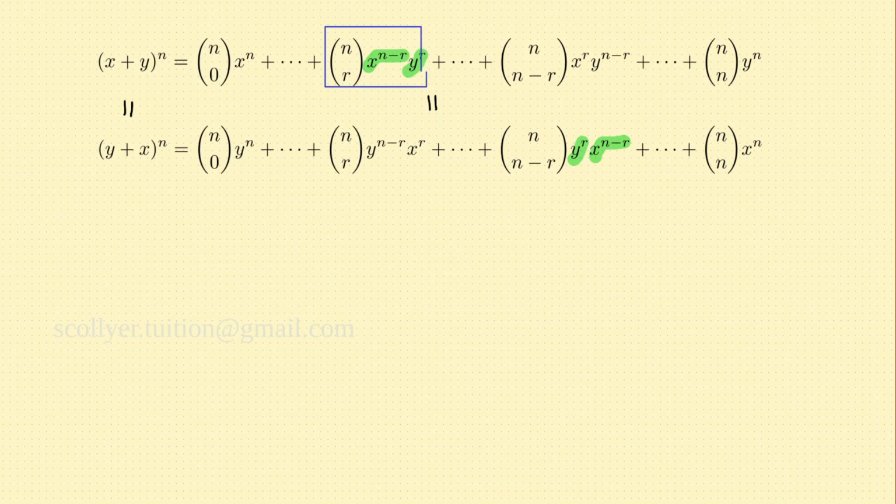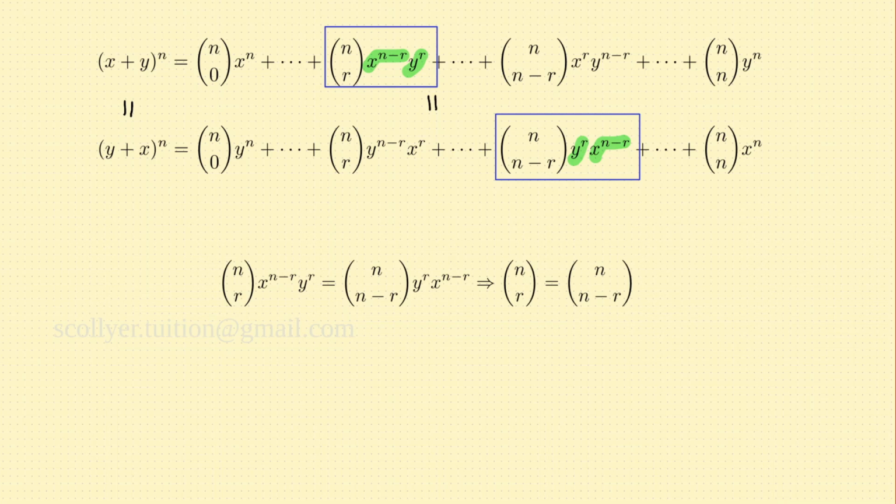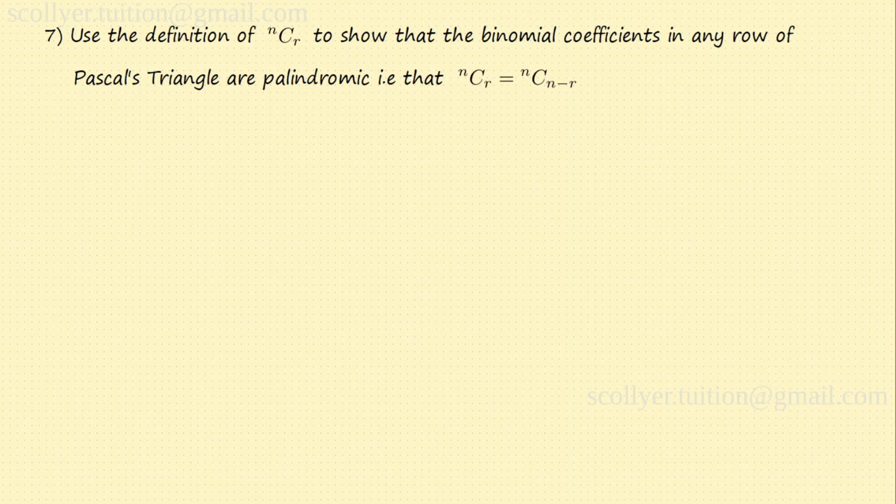So this term must equal this term, and consequently we can write the equation written here: n choose r times x to the n minus r times y to the r equals n choose n minus r times y to the r times x to the n minus r. And by equating coefficients, we have n choose r equals n choose n minus r as required. And we're done.